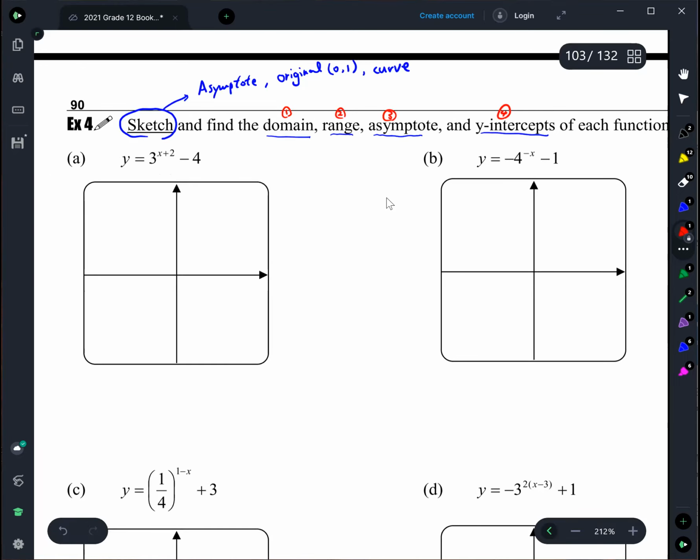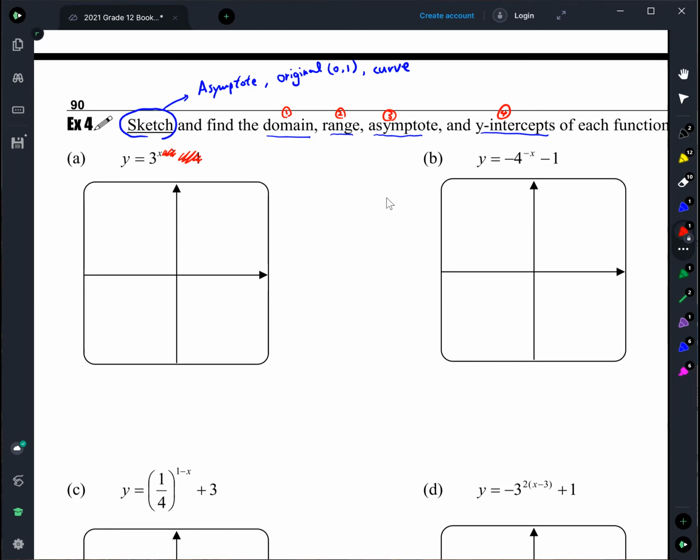Okay, so I'm going to start with the first one. If you look at this example, instead of just y equals 3 to the x, it has x plus 2, right? It has a minus 4 at the end. We can ignore those for now, those are the added-on extra ingredients. If we take those away, we can see it has to do with 3 to the x. So we have a base of 3.